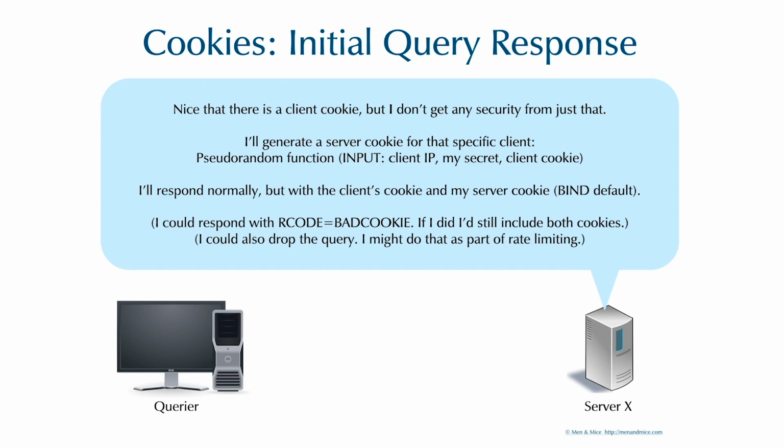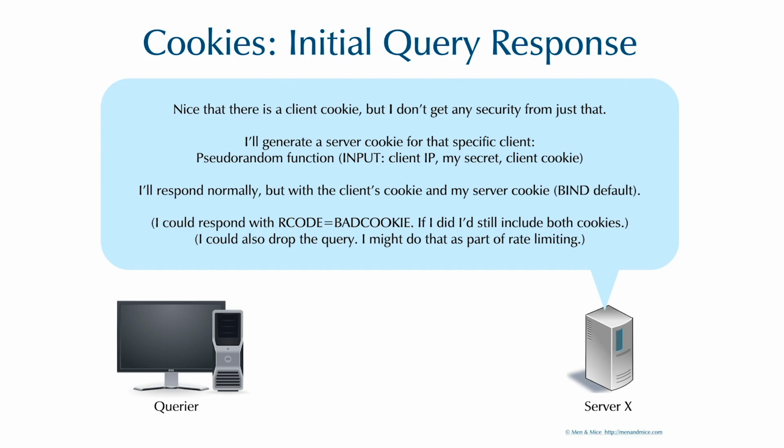The server had another option, and we can configure this later in BIND. The server could have responded with a new response code called BADCOOKIE. And if he had done that, he wouldn't have sent a normal answer. He would have just sent that, again with his new server cookie and the client cookie.